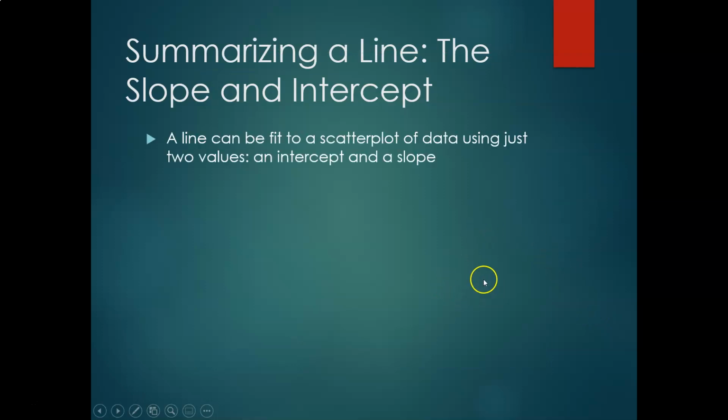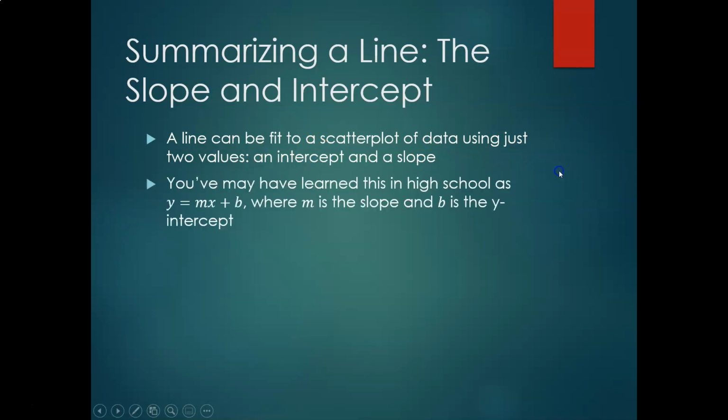So how do we look at this? Okay, a line can be fit to a scatter plot of data just using 2 values, an intercept and a slope, just like I've said. So you may have learned this in high school using this algebraic equation, y equals mx plus b. Okay. In this particular case, m is the slope, that's the rise over run that I talked about, how steep the line should be, and b is the intercept.